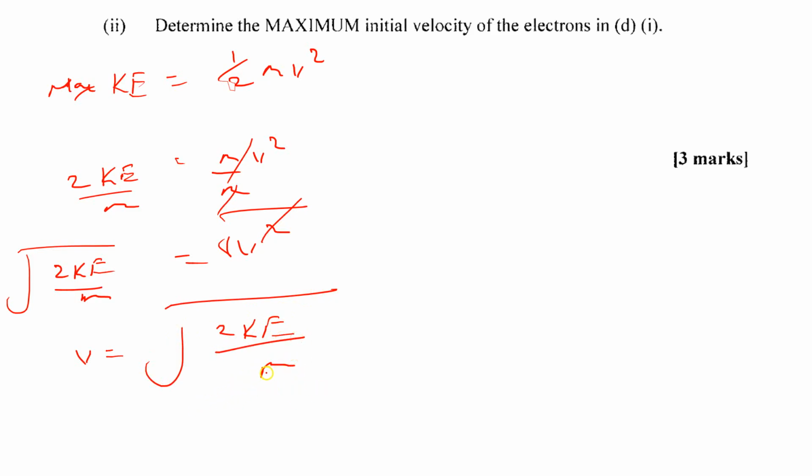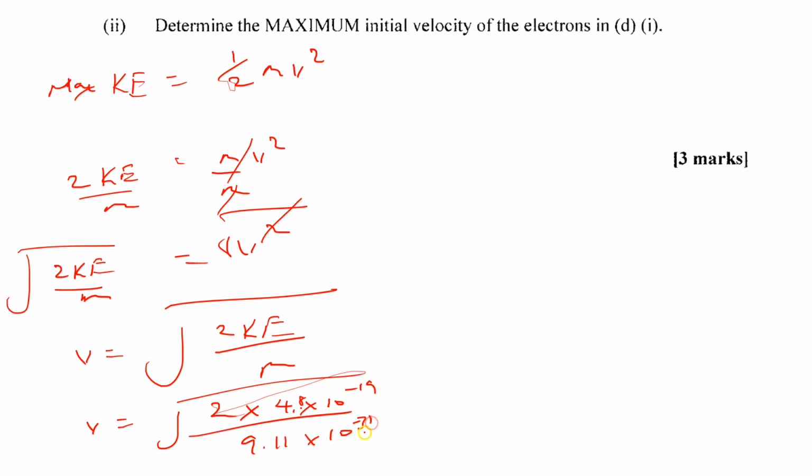The mass of an electron here is always given to you, right? So all we just need to do now is put in the values. So 2 times the value that we got for the kinetic energy, which is 4.8 times 10 to the minus 19, divided by 9.11 times 10 to the minus 31.